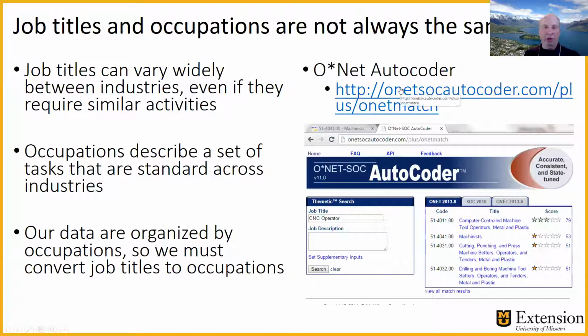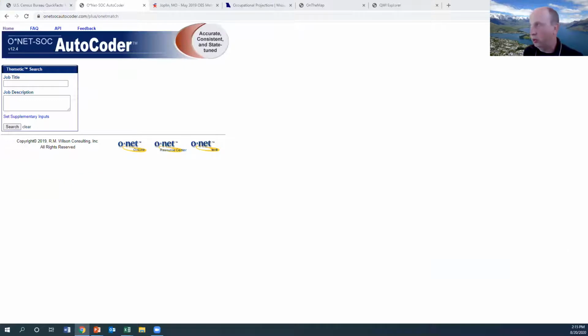So if we want to convert a job description into an occupation, there's a thing called the O*NET Autocoder. O*NET is actually a super useful tool that has all sorts of information about different occupations and is definitely worth exploring. But if we want to look up different types of occupations, I recently did a workforce study related to food, ag, and forestry related jobs.